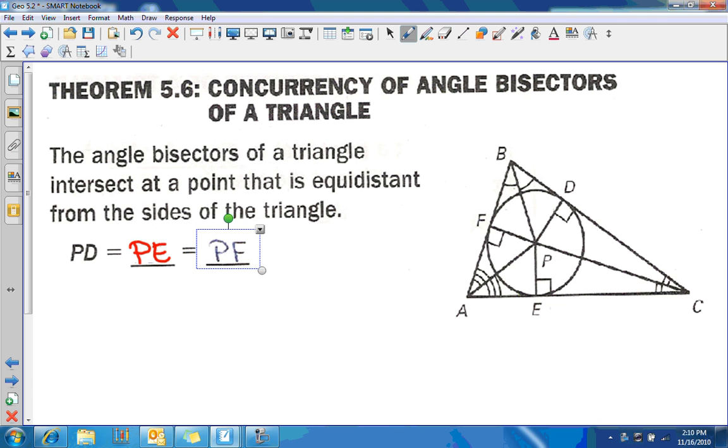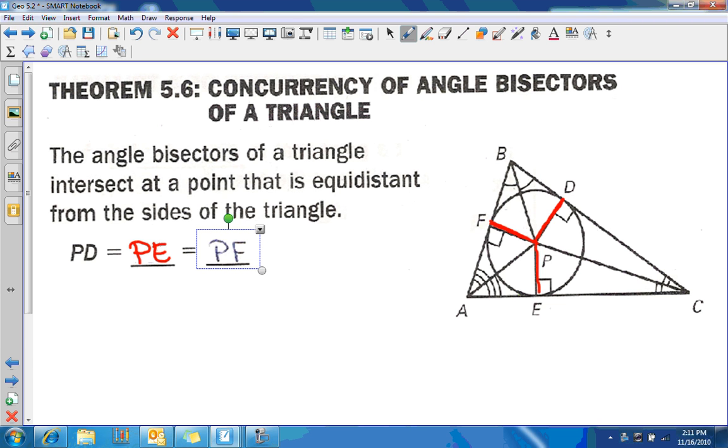So in other words, the angle bisector tells me that these little pieces right here, that happen to meet, they should be the same.